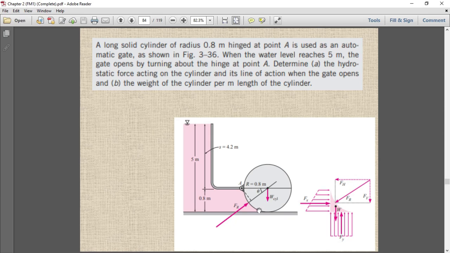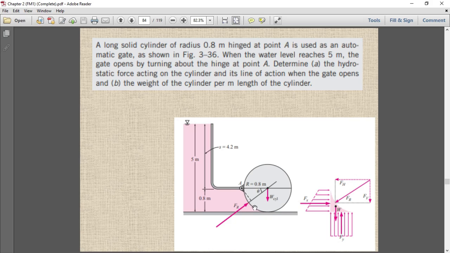This 0.8 into 0.8 is giving you a square, and we need this volume or this area. This square includes this quarter circle as well as this area. So we are going to consider this area minus this quarter circle.